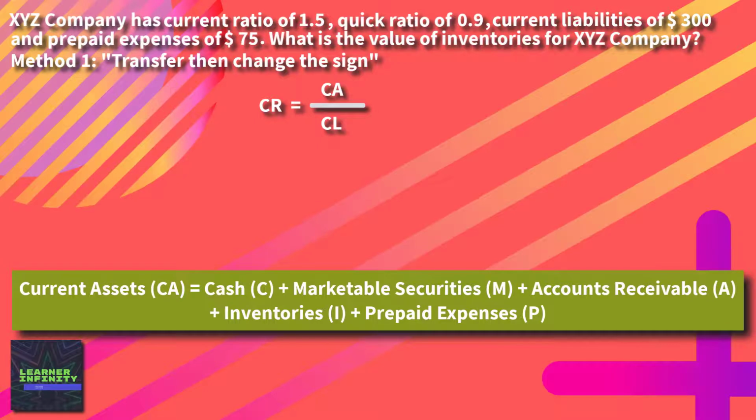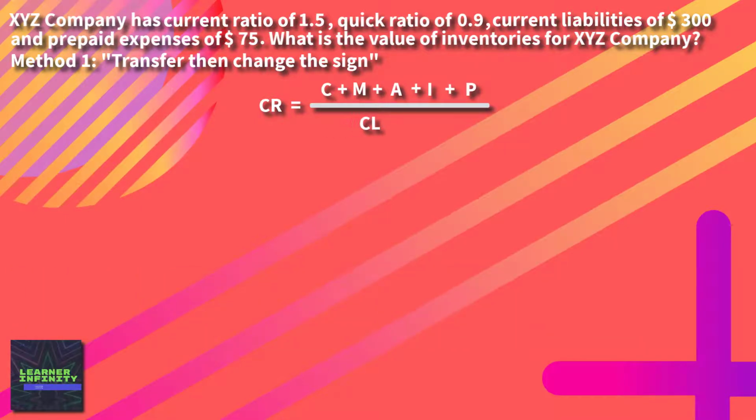Remember that current asset is equal to cash, marketable securities, account receivable, inventories, and prepaid expenses. So we replace CA into these variables C plus M plus A plus I plus P. Looking at the problem, value of prepaid expenses was given as $75, but we don't have the values of cash, marketable securities, and accounts receivable.